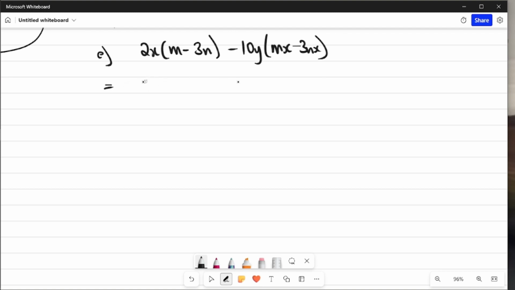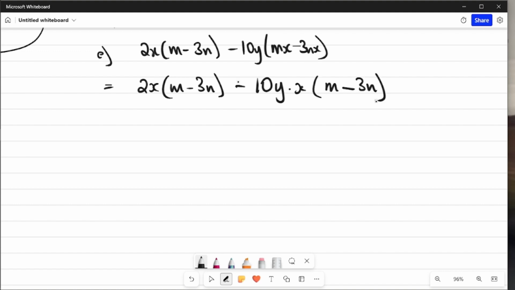Let's try to factorize it separately. So the first term, you leave it as it is. In the second term, we have a common factor between the brackets of x. So when I take out x, I'll just put x on the outside, and then we will be left with m minus 3n.